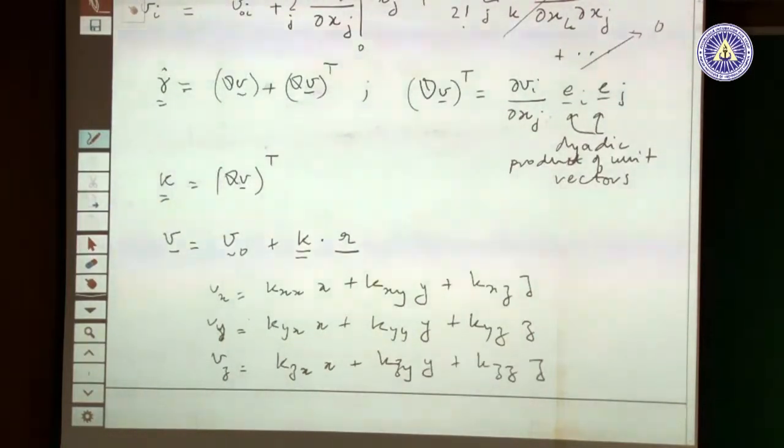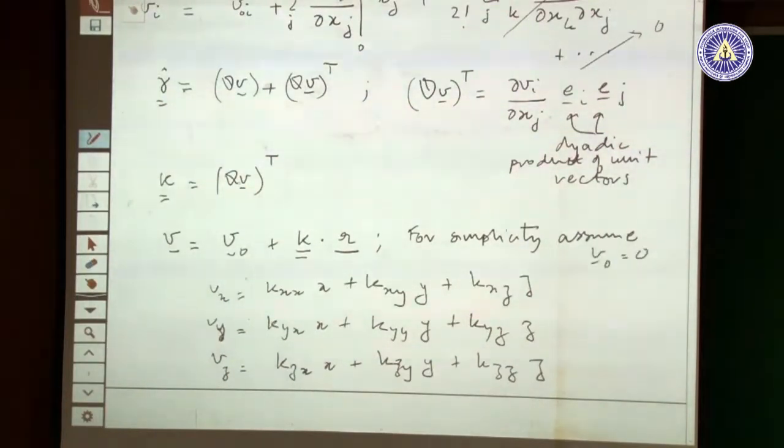That's the matrix representation. Oh, and I have left out the V naught. So, for simplicity, at least for these arguments, we assume V naught is 0. This is not a serious approximation or anything. If you begin to translate relative to the local velocity, then V naught will be 0 anyway. It just depends on the velocity of your frame of reference.